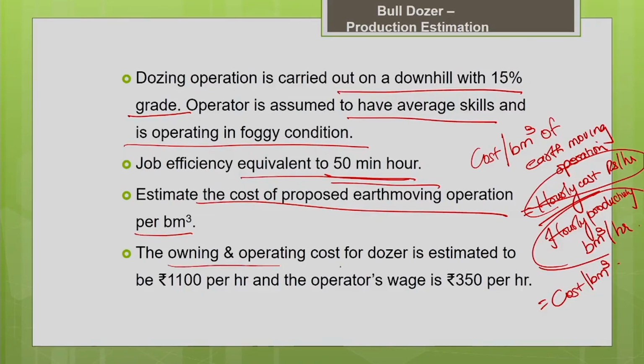The cost data is given to you directly. In the previous lectures we have seen how to estimate the cost associated with the various machines, the ownership cost and the operating cost of the equipment. Using that methodology you can find the owning and operating cost of the dozer. In this problem it is given directly as rupees 1100 per hour, and the operator wage is given as rupees 350 per hour.